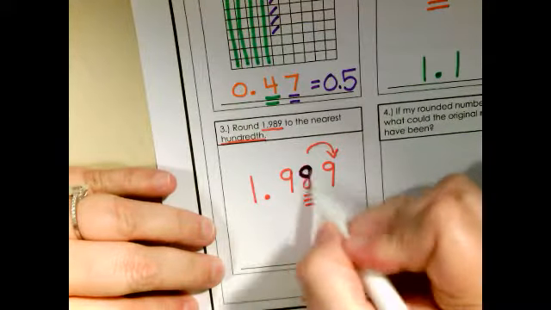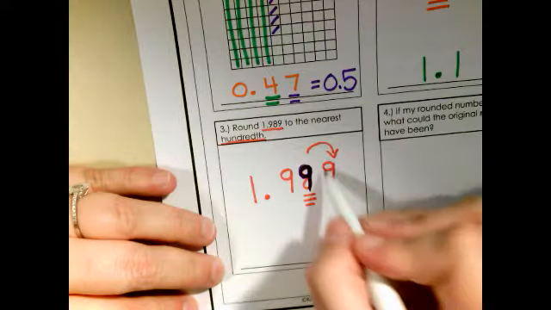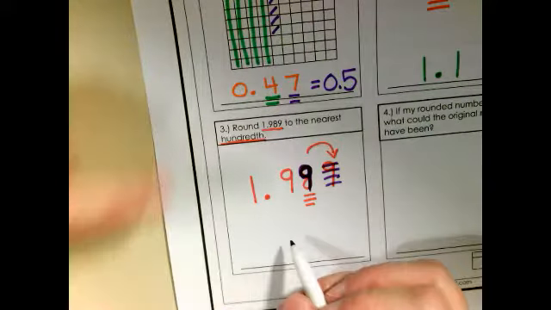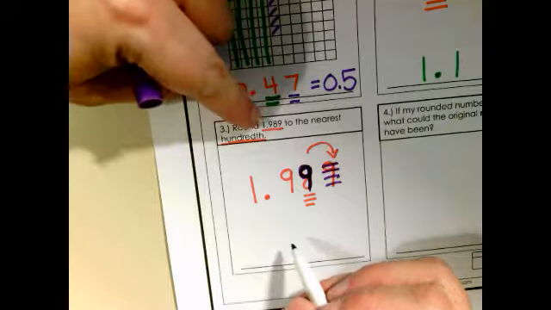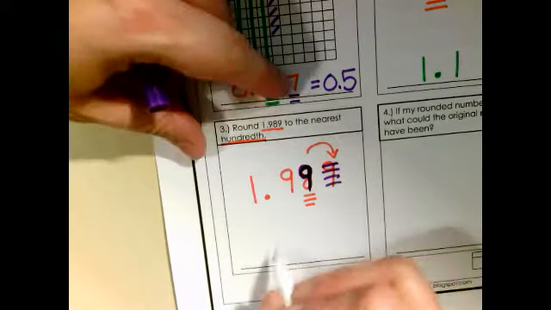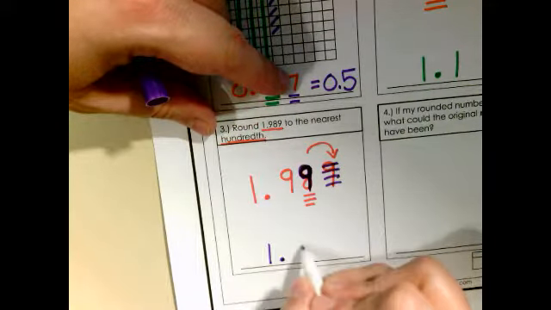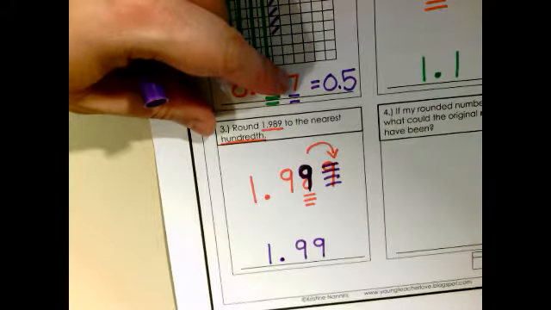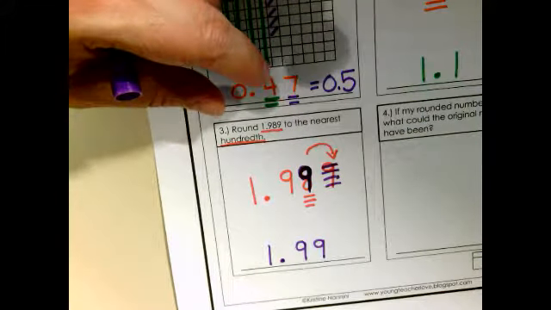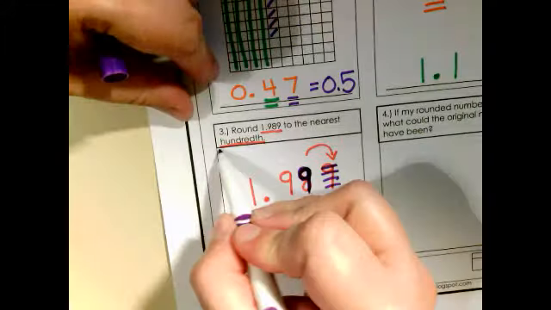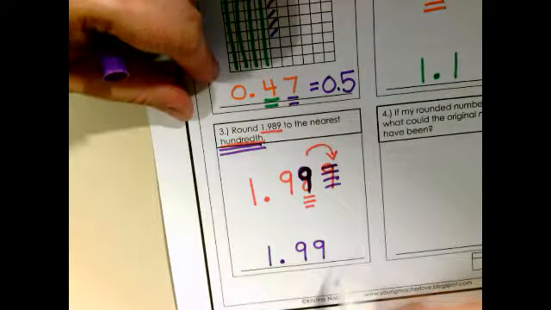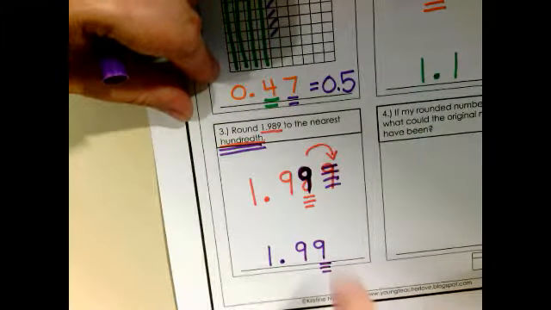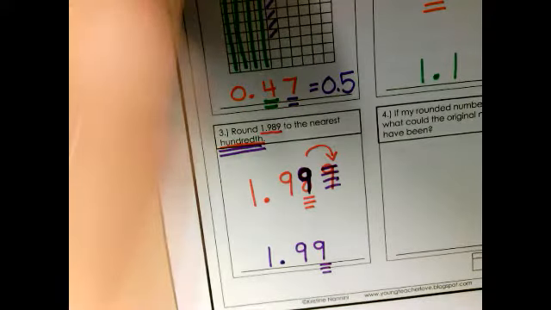It's going to turn into a 9. This guy is going to get frozen. So 1 and 989 thousandths rounded to the nearest hundredth would be 1 and 99 hundredths. If it tells you to round to the nearest hundredth, the hundredths place should be the last place you have here. It's just a way to check.